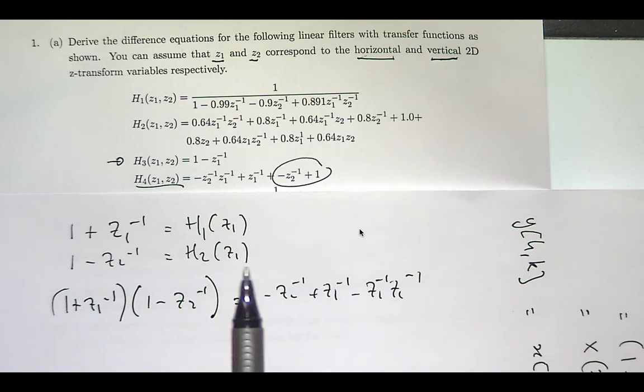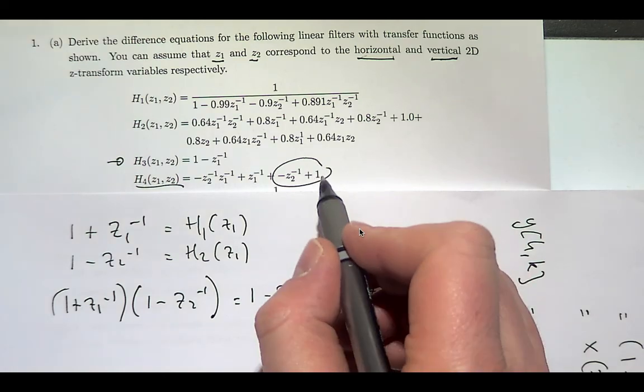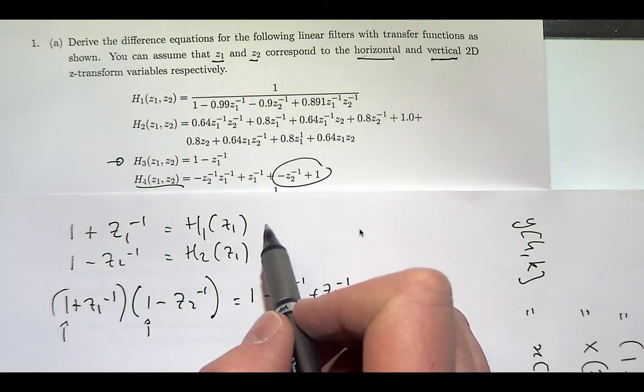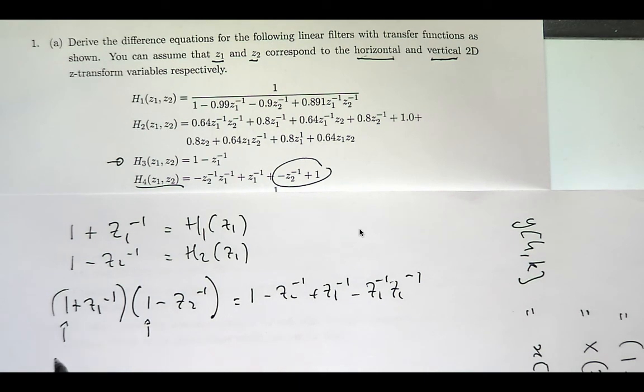What I've done here is identify the elements that had no, because I see there's this constant here, so I know there will have to be a constant term, a term that doesn't involve Z1 or Z2, a power of 0. Because I have 1 times this polynomial, this polynomial will have to be found exactly in that expression.